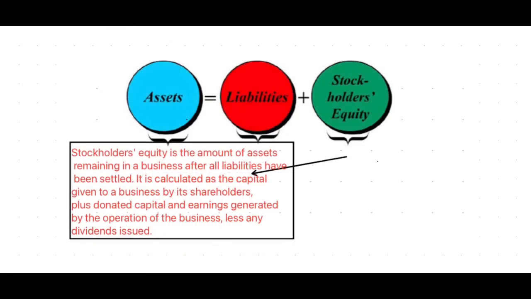Now here we will talk about the stockholders equity. What is basically stockholder equity? Stockholder equity is the amount of asset remaining in the business after all the liabilities have been settled.